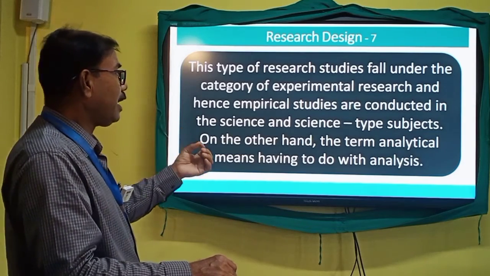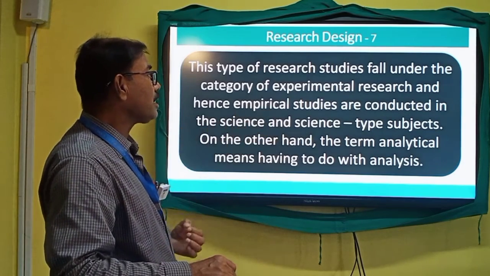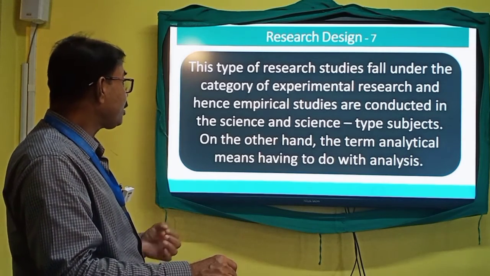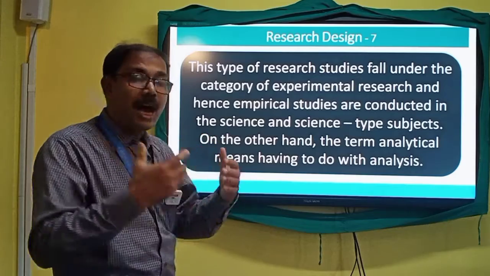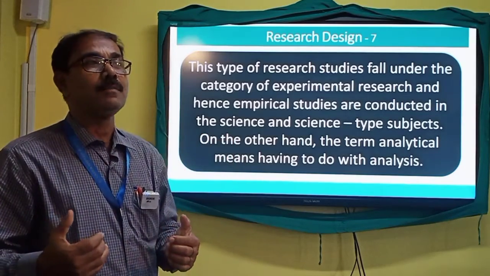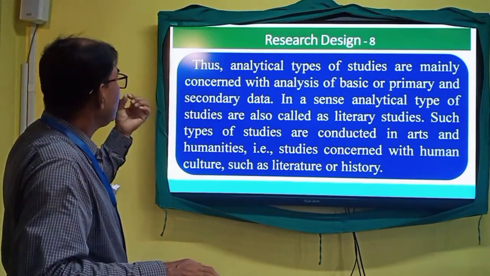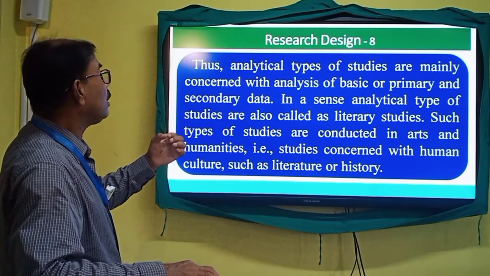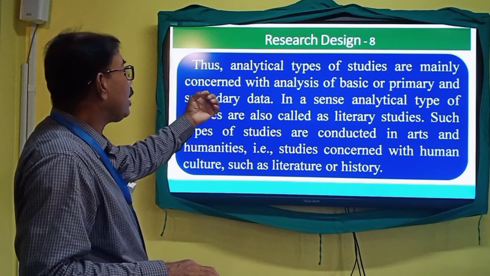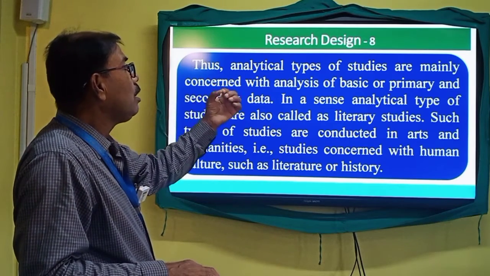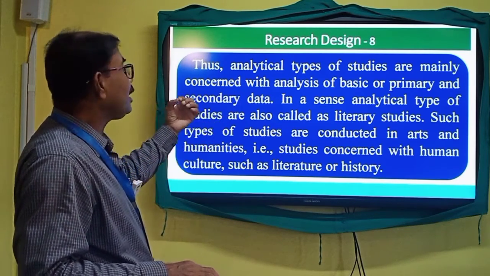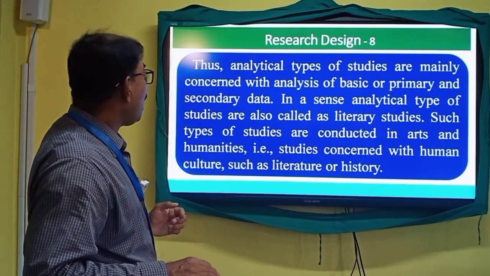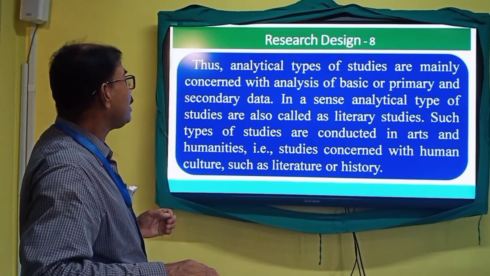On the other hand, once we discuss another category, that is analytical research, it has to do with analysis of data. Let us see the next one. This way, analytical types of studies are mainly concerned with analysis of basic or primary and secondary data, which we basically do in the field of arts and humanities and social sciences.